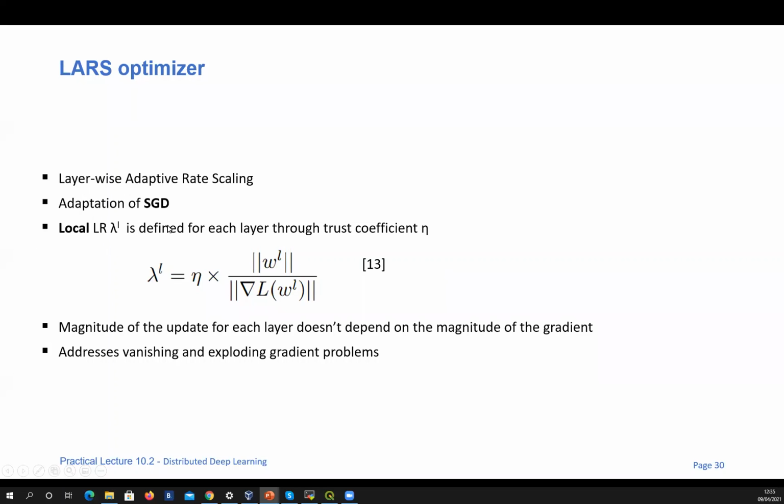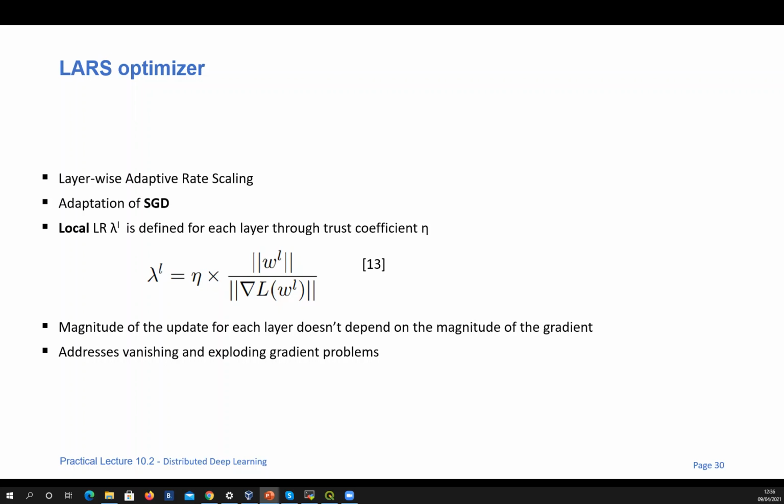Another way to reduce instability, which is once again caused by the sharp minima that I showed some slides ago, is using a new optimizer called LARS.